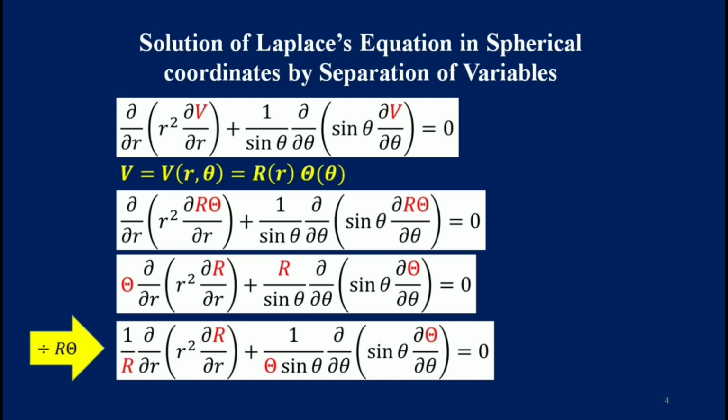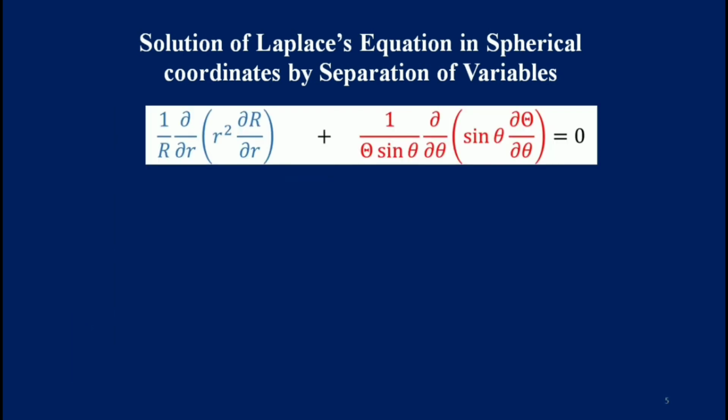Dividing by capital R capital Theta, we get 1 upon R, derivative of r squared dR/dr, plus 1 upon Theta sine theta, derivative of sine theta dTheta/dtheta, equal to 0.